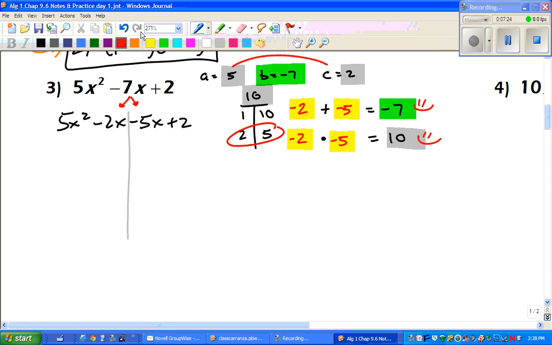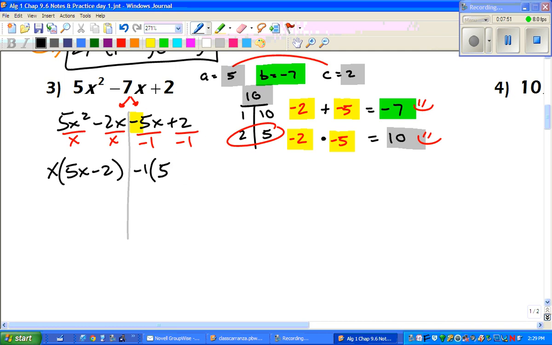Draw the line down the middle. The GCF of the first set is x, and we're left with 5x minus 2. Now remember what we said, if our leading term is negative, we're going to pull out a negative, but the only thing negative we can pull out would be a negative 1.